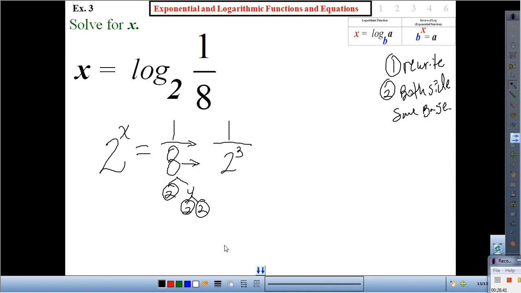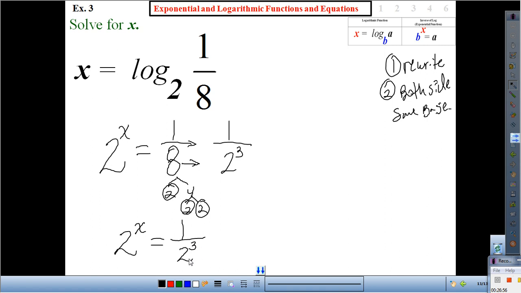So at this time, I'm going to rewrite the whole equation to 2 to the x equals 1 over 2 to the 3rd power. All right. So we're still not completely there. We need to have this one to base 2, and right now it's in fraction form.